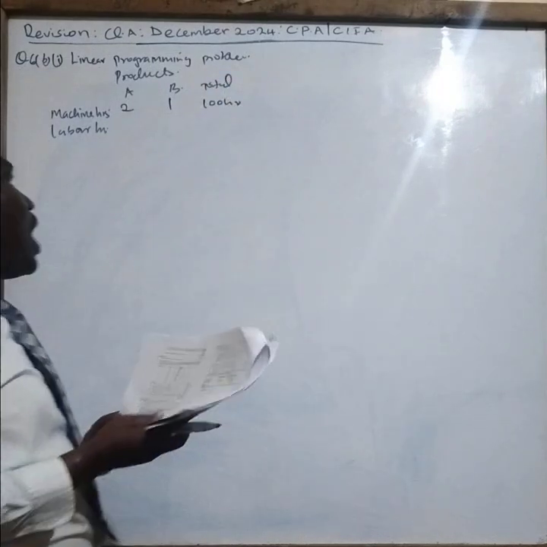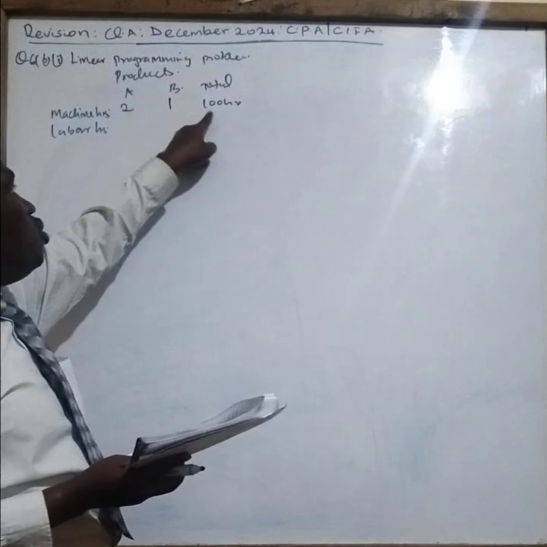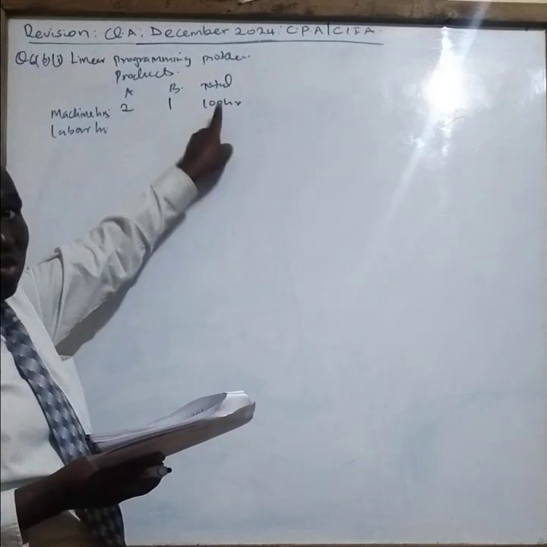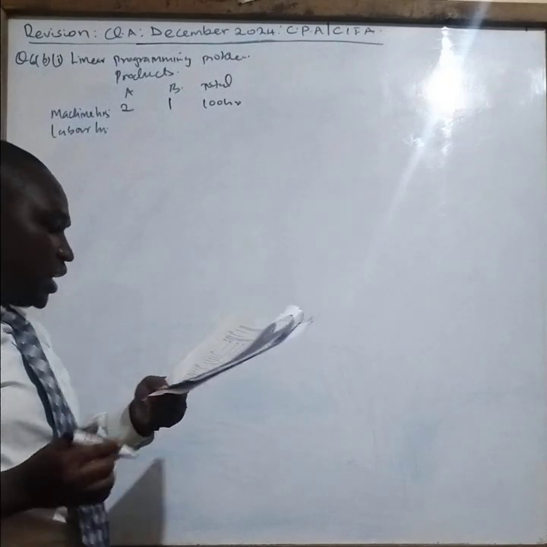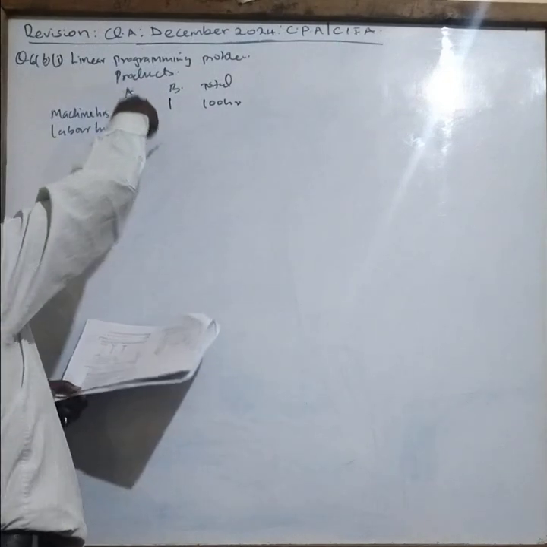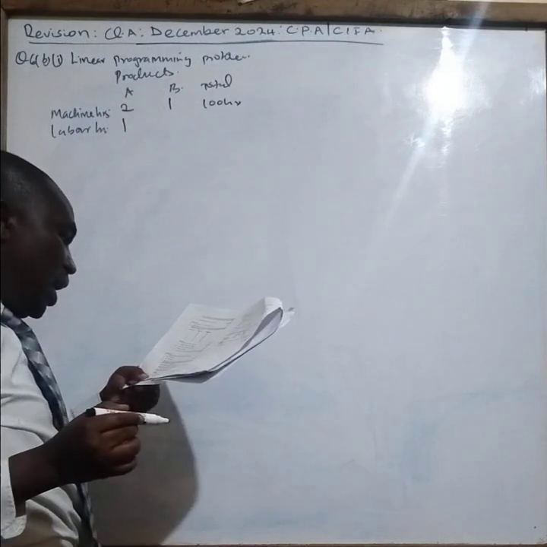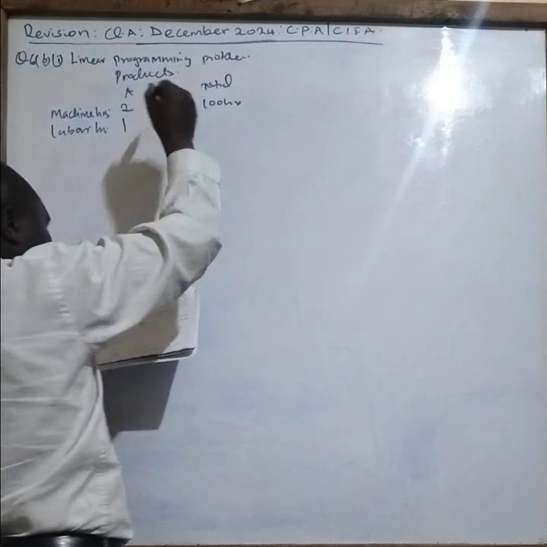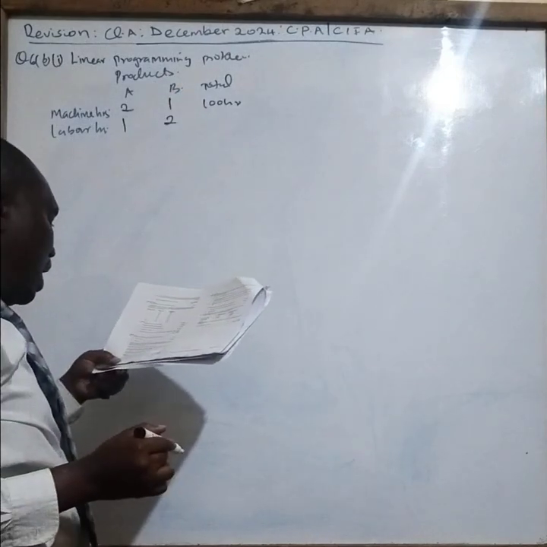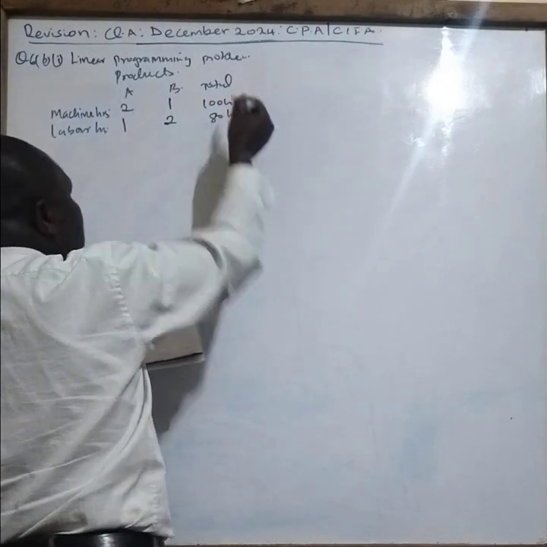You don't know how many units of A and B were produced using 100 hours. Then each unit of product A requires 1 hour of labor, and each unit of product B requires 2 hours of labor, with a total of 80 hours.